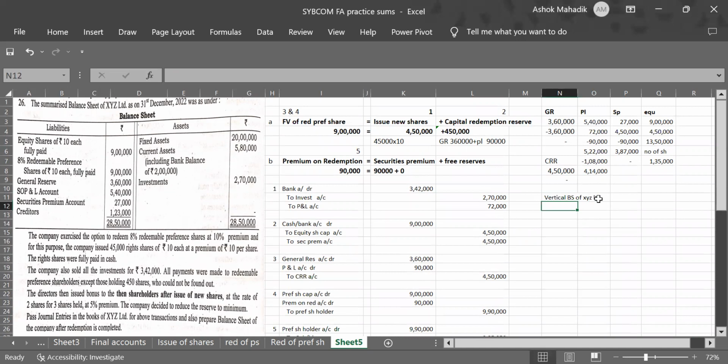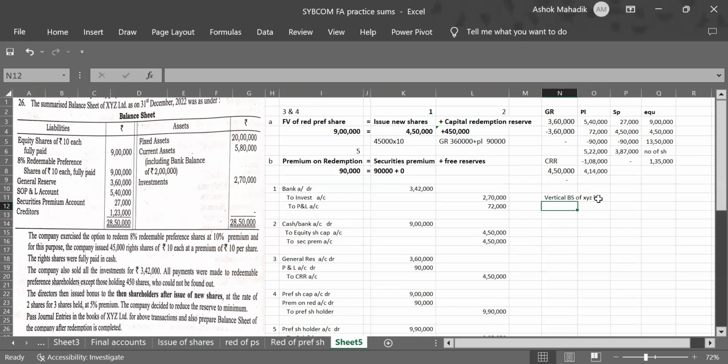Now in old balance sheet, we used to have liabilities and assets. Even in the question, that format is given, liabilities and assets. But here you will have equities and liabilities as one side and assets the second side. Okay, not much difficult. All items will remain same.